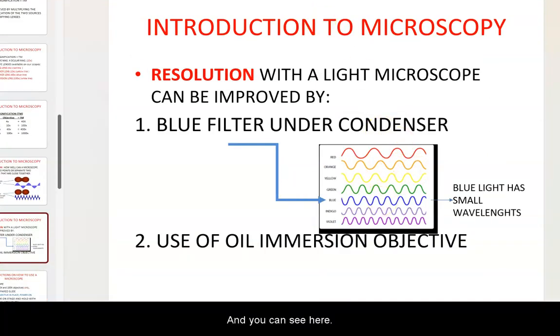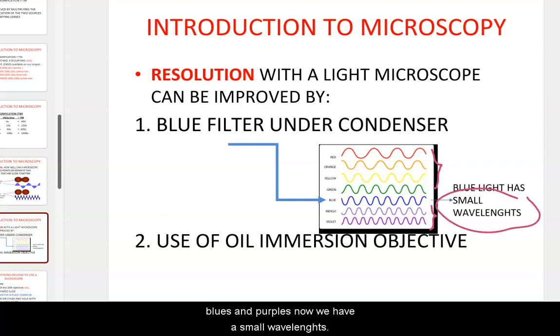And you can see here that as we look at the wavelengths of visible light, the larger wavelengths are the ones that fall in the red, orange, yellow color. Whereas when we go down to the blues and purples, now we have small wavelengths. So in order to improve resolution with our microscopes, the scope is actually using a purple light to shine on the specimen.